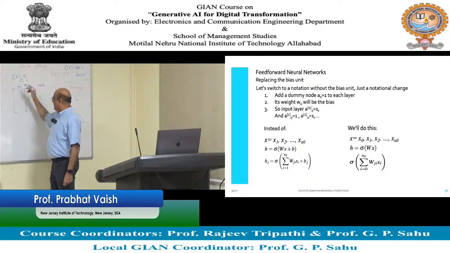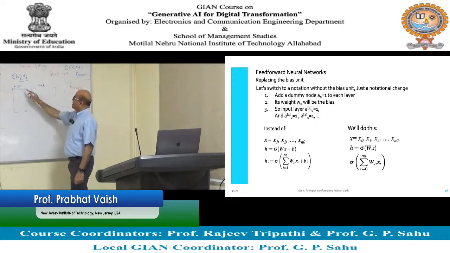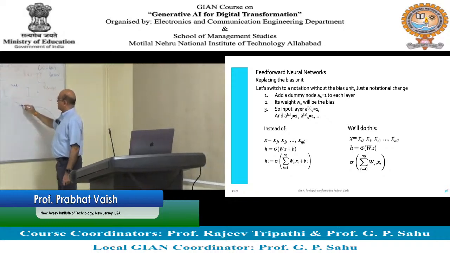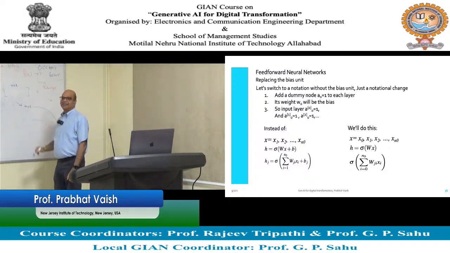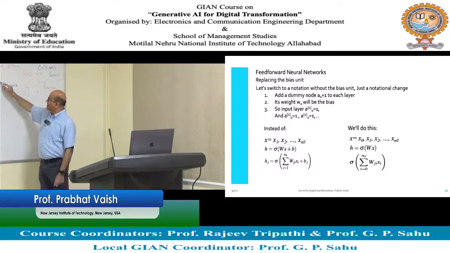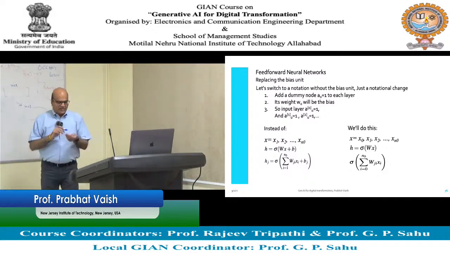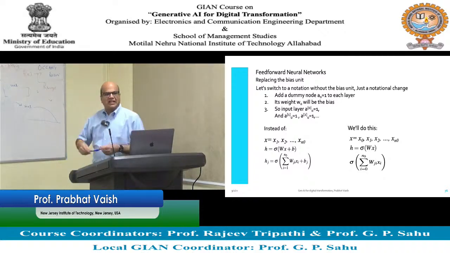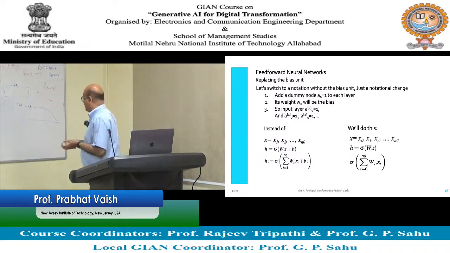Let's say, fine, n are here because every time there's the same number of nodes, and there are m layers. This multiplication will result in what? An m by 1 result. Right? But that's not what we want. We want an m by n result here. So this is not a true matrix multiplication.